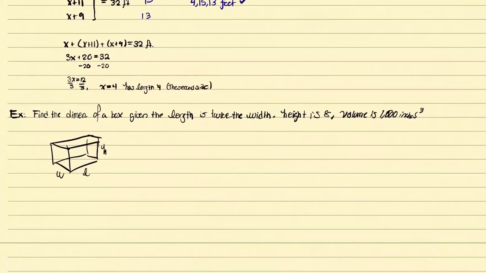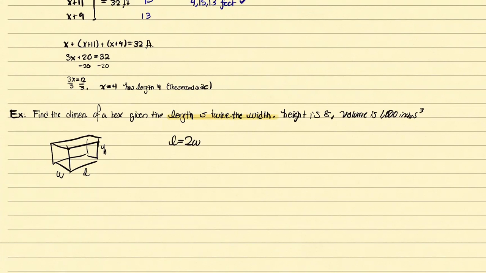Just as before, let's read this very carefully and see what equations pop out when we translate the English into math. It says the length is twice the width right here. So length is twice the width.